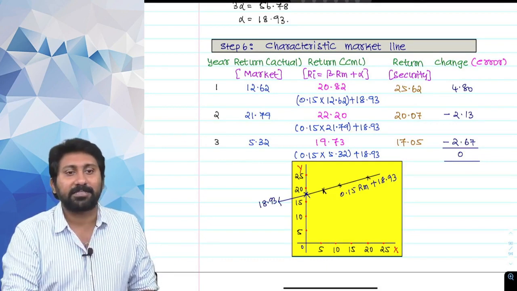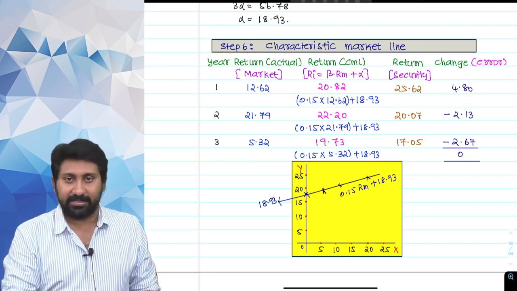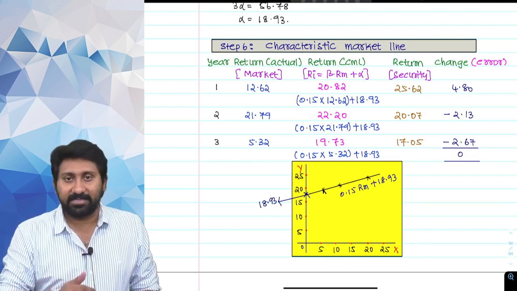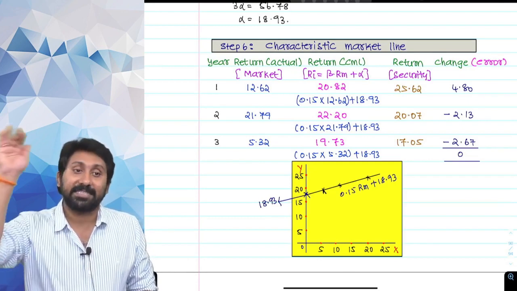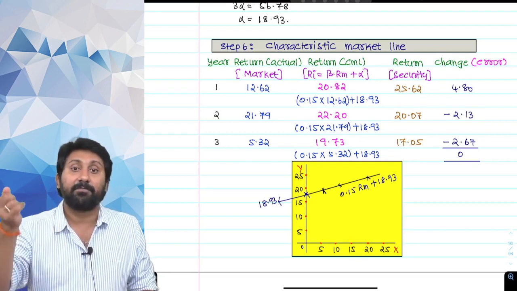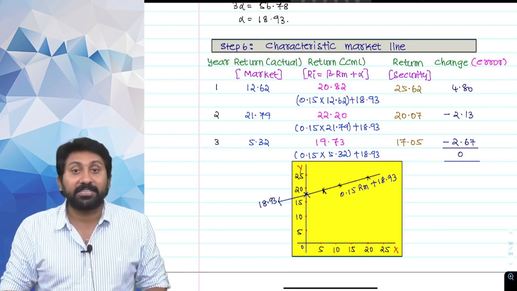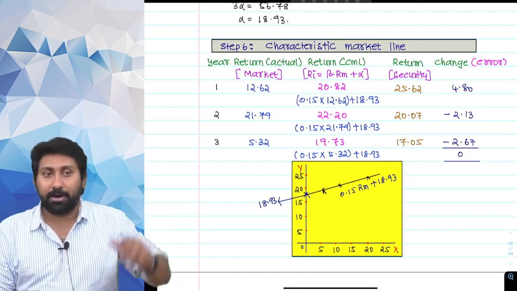How many types of risks are there? Two types: systematic risk and unsystematic risk. Systematic risk comes from the system. Unsystematic risk comes from company-specific factors, not because of the market. Which can be controlled? Systematic cannot be controlled.